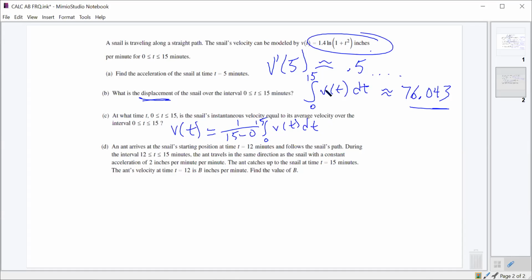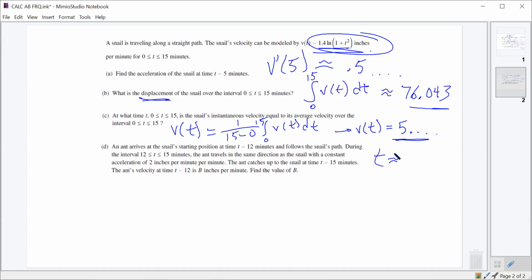The integral was 76, we divide that by 15, and that gives us 5 point something. Then you graph v of t, and you graph y equals that 5 point whatever number, and you look for where they intersect.